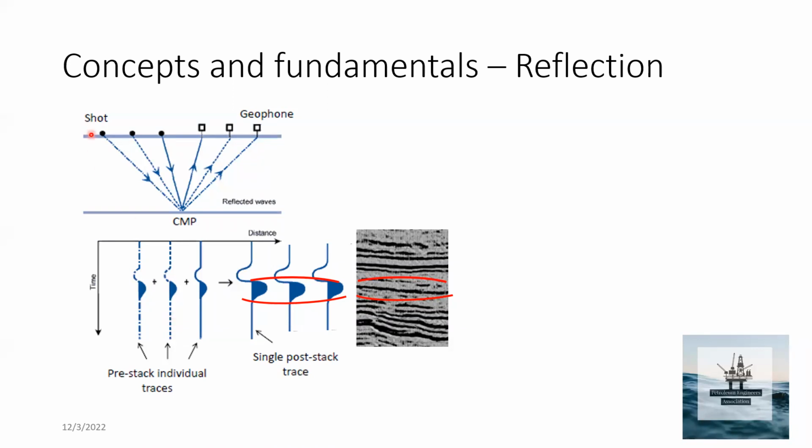So from the first shot to the first detector, we have one trace. And from the second shot to the second geophone, we have another trace. When we gather all these traces together, we create something called a CMP gather. And when we gather different CMPs, we create the stack.